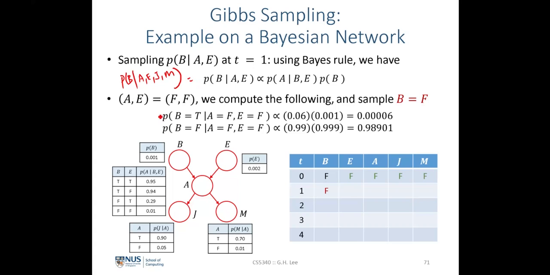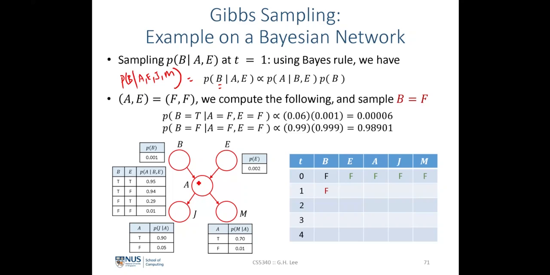But this is equal to the conditional probability of B conditioned upon the Markov blanket. Since this is a Bayesian network, this means that B is only dependent on the children, the co-parents, as well as the parents of the random variable itself.